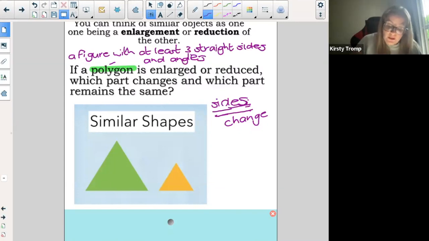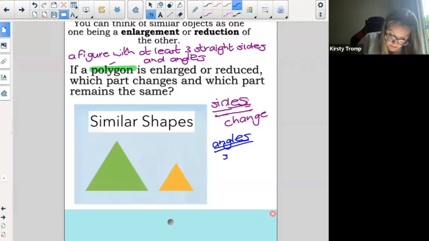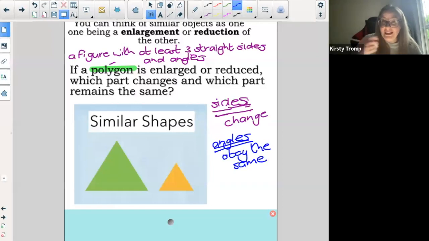Good. Well done, Abu. The angles. The angles are going to stay the same. So the sides will change, but the angles are going to stay the same.